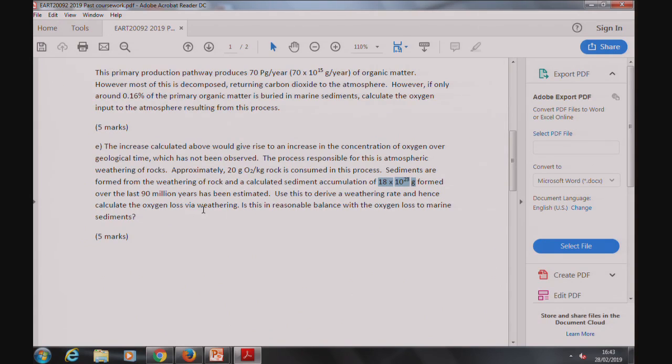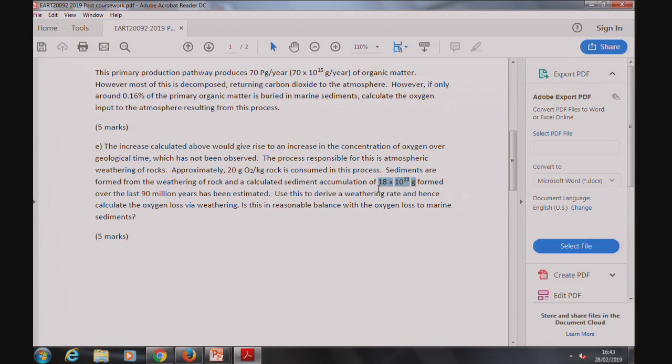So first thing, the easiest thing to do is calculate the weathering rate. So we take our reservoir equation, we take the burden, the 18 times 10 to the 23 grams, and divide by number of years, 90 times 10 to the 6 years.